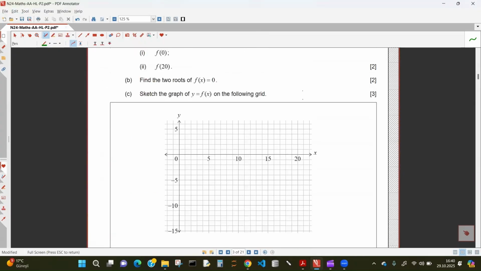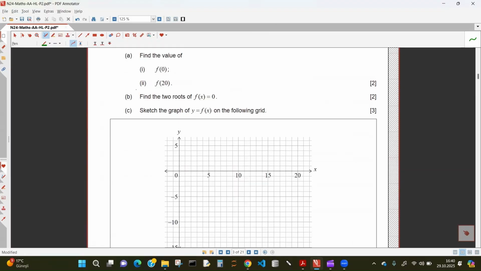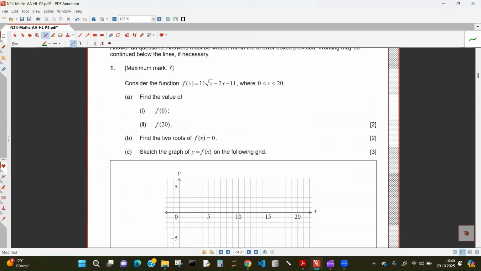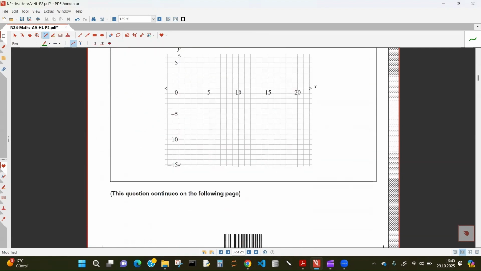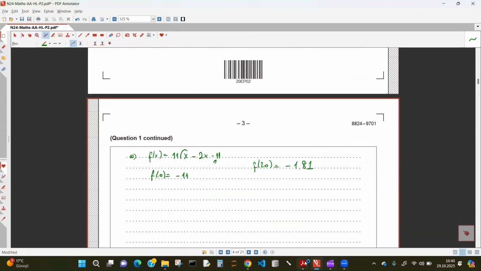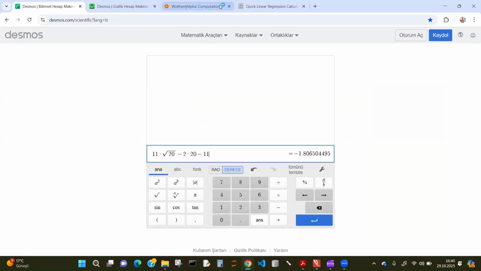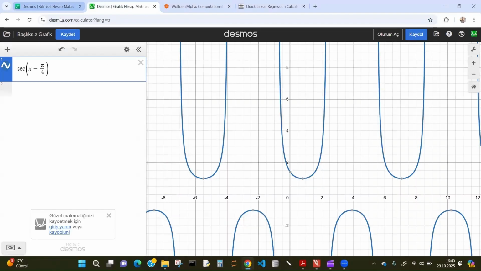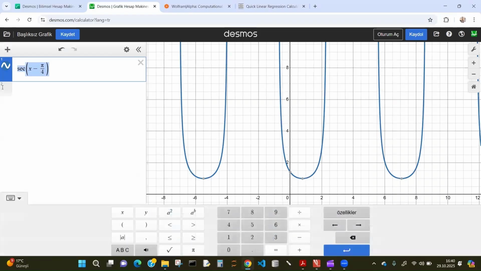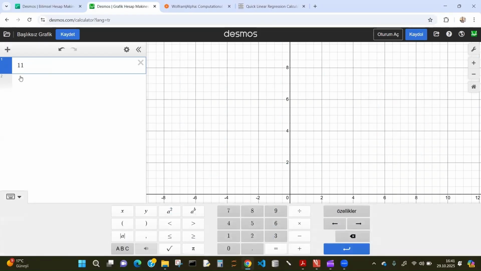Yeah. And the second question, find the two roots of f of x equals 0. So in this case, it's better to draw this function. It's gonna be minus 11.